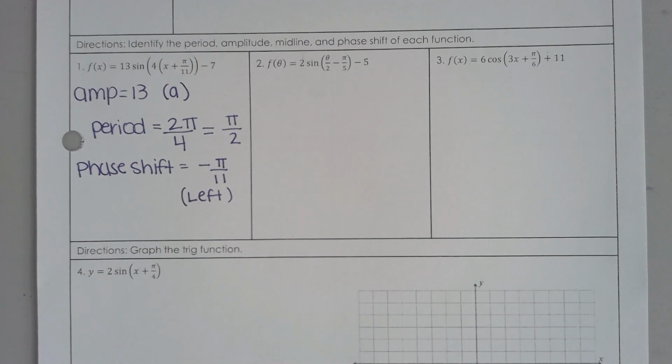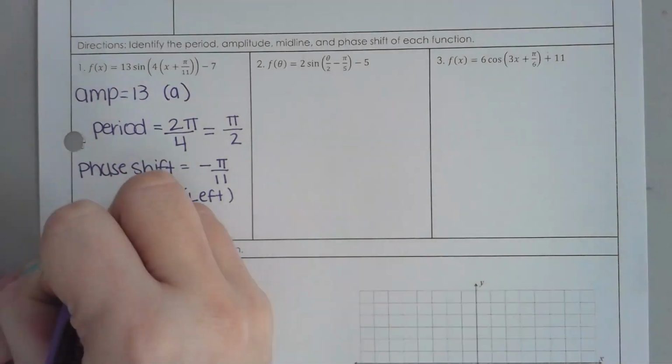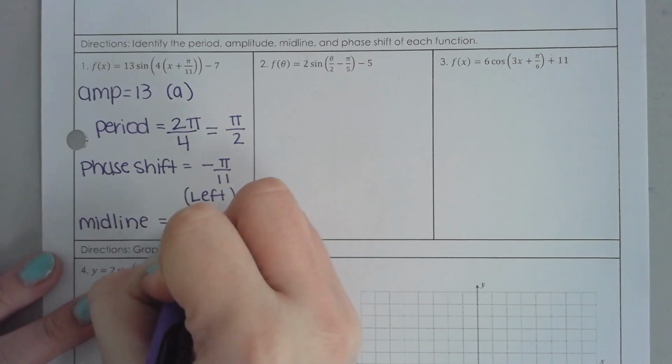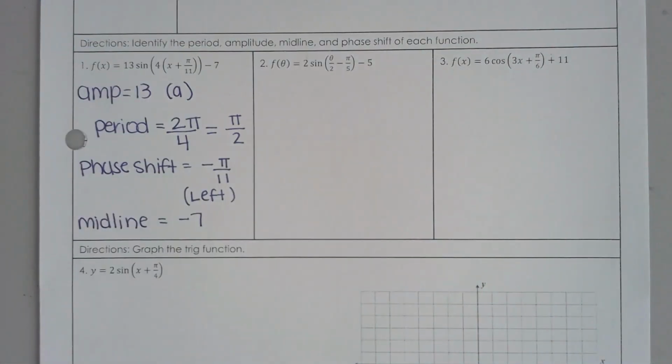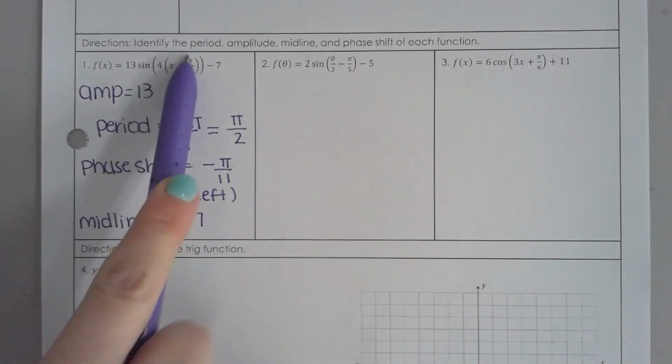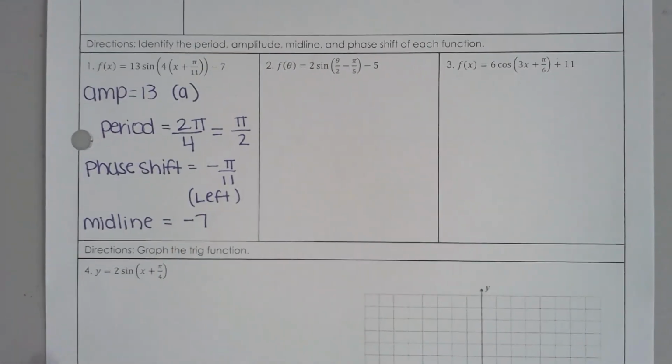Hopefully if you were graphing this, you would not have to graph that, because hopefully it's like pi over 4 or pi over 2 or something. And then my midline is what? -7. Good. So the only thing we're changing from what we've done is adding in the phase shift.